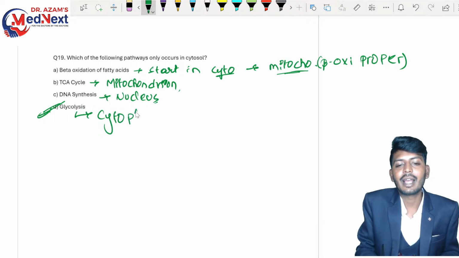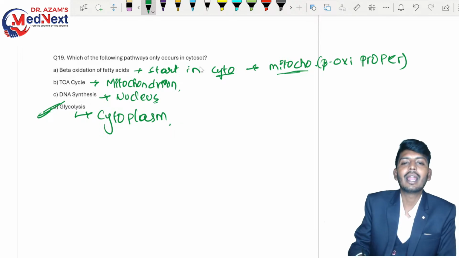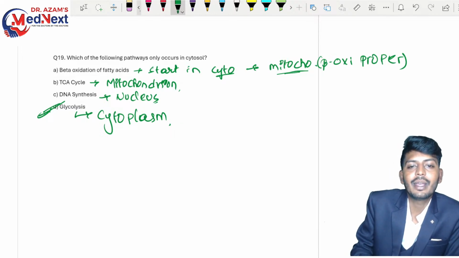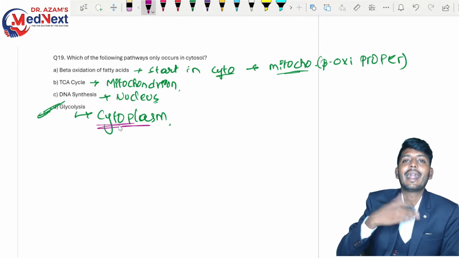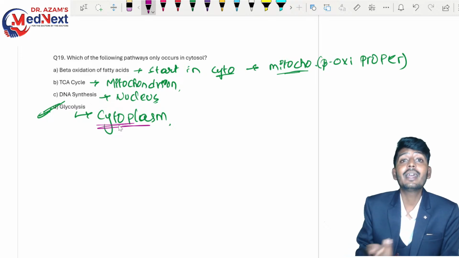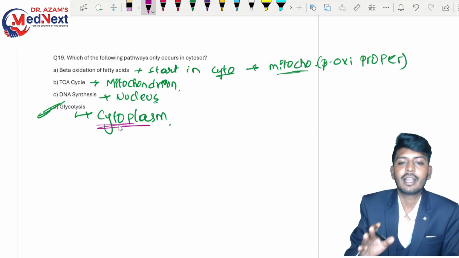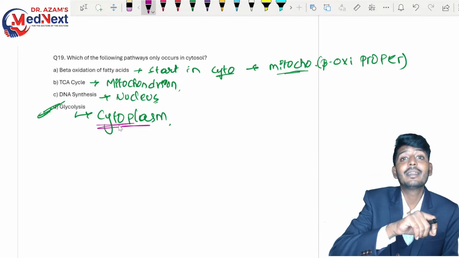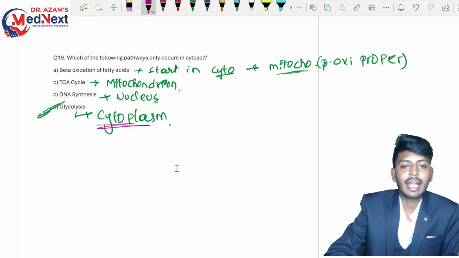Other cycles occur in both the cytoplasm and mitochondria, or in the nucleus. Even the urea cycle would not be the right answer, because the urea cycle starts in the mitochondria and ends in the cytoplasm. So the answer is glycolysis.